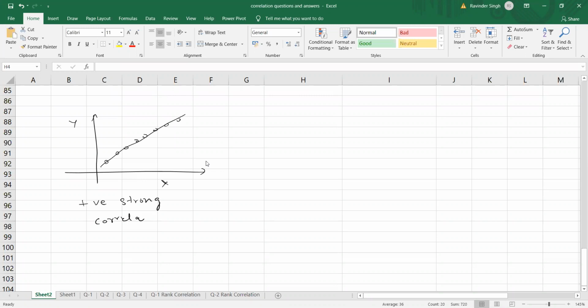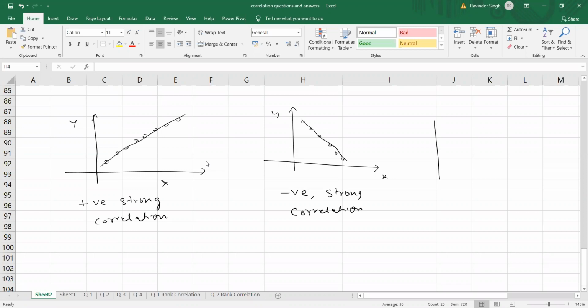Okay, if the values are in descending order like this, and all the points lie on a straight line, then X and Y are in decreasing form. So this is a negative but strong correlation. Still, this is a strong correlation.